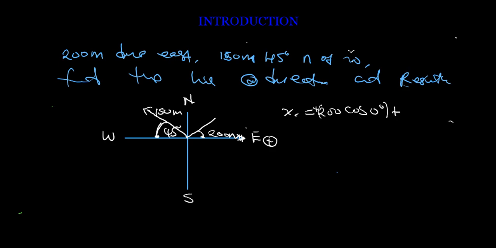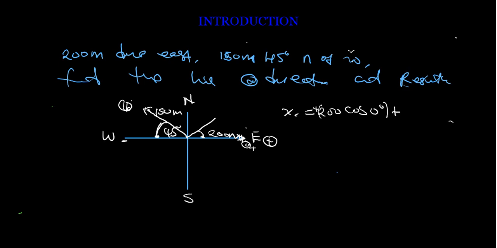For this one, that's 150. The x is negative on this side for this vector. Let's say this is vector A and this is vector B. So for vector B, x is negative, because it's on the negative side of x, and the other is on the positive side.